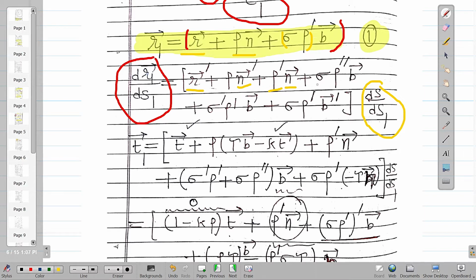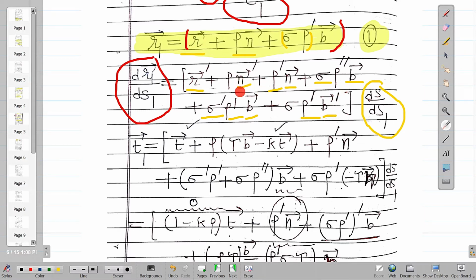Now we used here sigma rho dash b vector, and here sigma dash rho dash b vector, and here sigma rho dash into b dash. Clear? After that, now what will we do? Now we will substitute the value of n dash and b dash. So we have only two values, one is n dash, second is b dash.